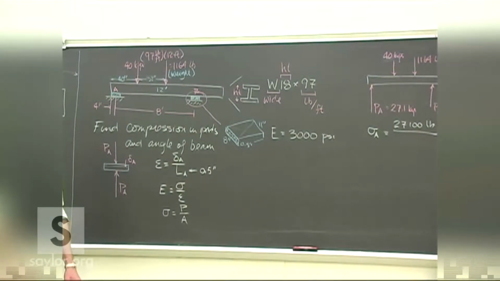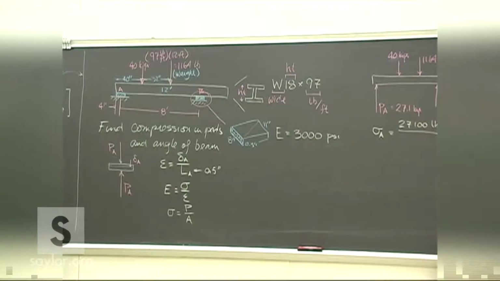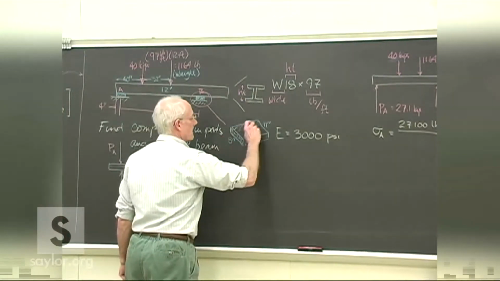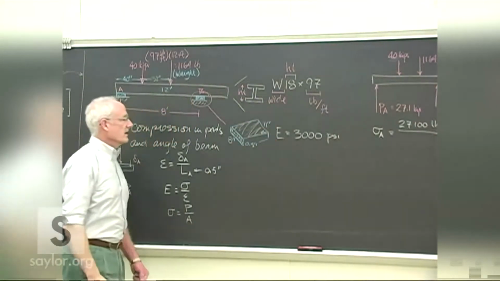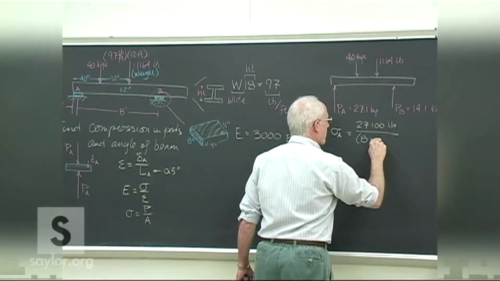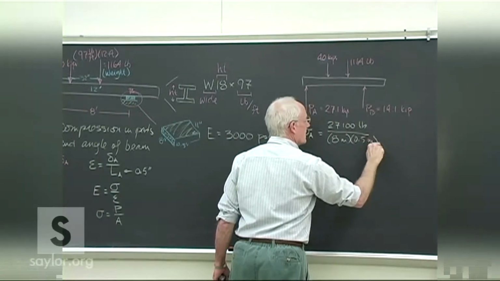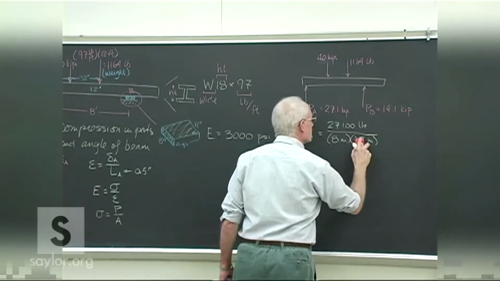Give me the dimensions, so make sure what you're talking about. 11 by 8 inches. It's that area across the top of the bearing pad, the 8 by 11. 8 inches by half inch, no, sorry, 11 inches.